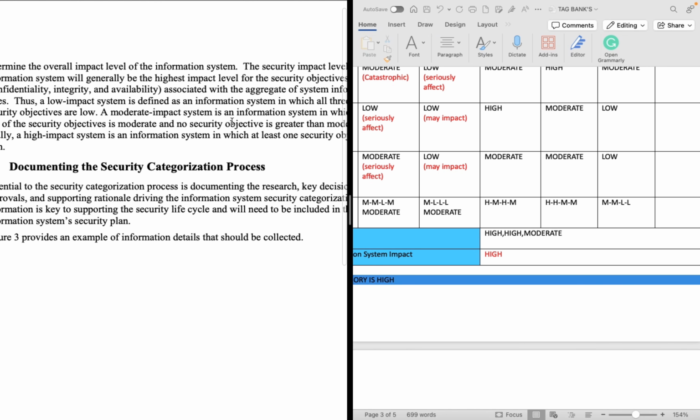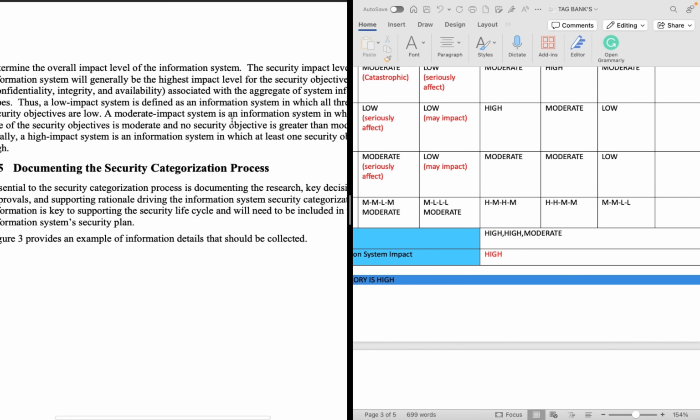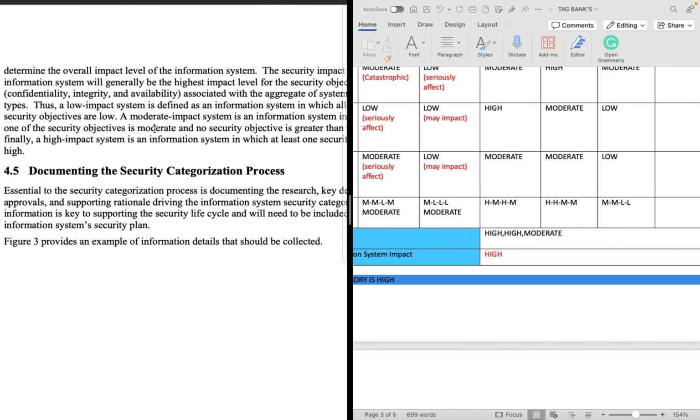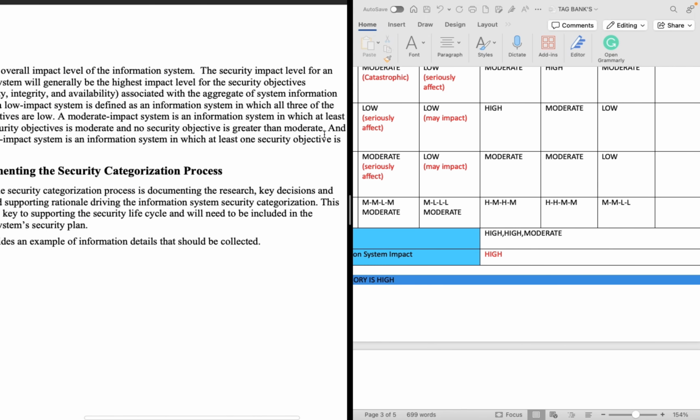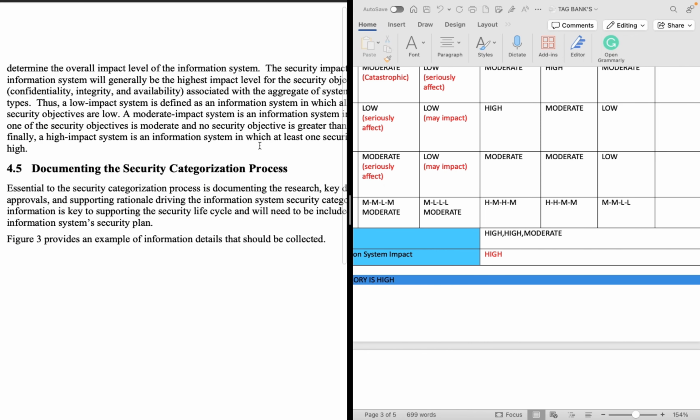So a moderate impact system is an information system in which at least one of the security objectives is moderate and no security objective is greater than moderate. Yes, we have one of our security objectives as moderate, but we still have something that is greater than moderate, which is high. So this is also not applicable.